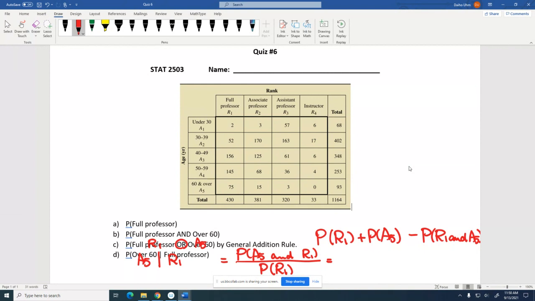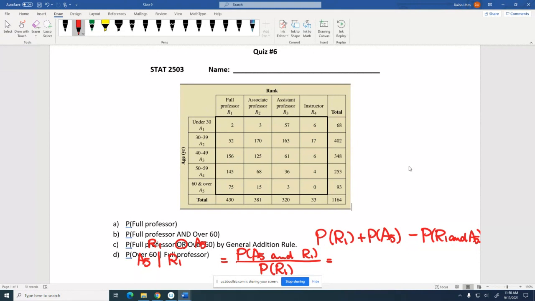So you have to apply the general addition rule first, and then plug in one by one. What is A5? Here is the event A5, age group number 5, over 60 and over.